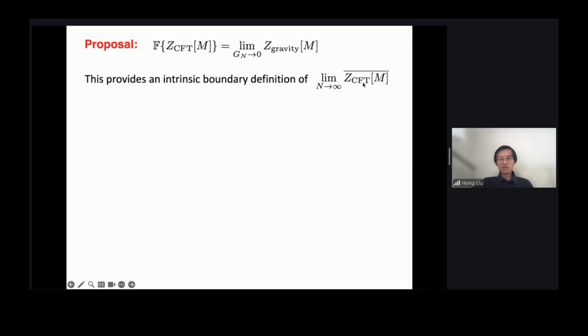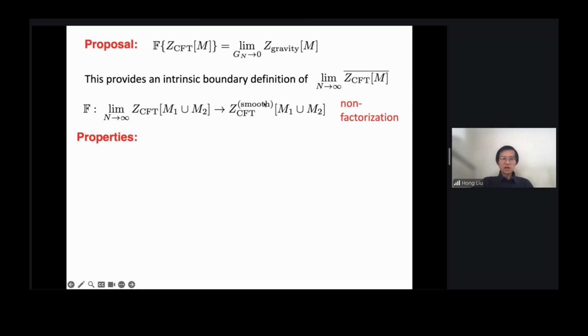Now I give you an intrinsic boundary theory definition. Also, because of the filter procedure, as we will see later, the smooth part of the CFT partition function no longer factorizes. So that will address your factorization problem. This will be a very key point, which I will elaborate in detail later.